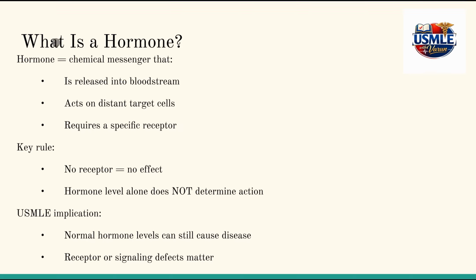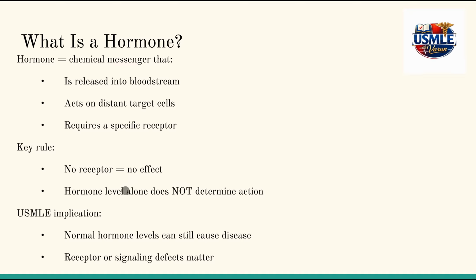So to begin with, what is a hormone? A hormone is a chemical messenger that is released into the bloodstream and acts on distant target cells. A very important concept to remember is that hormones do not act on all the cells in the body, but they act on cells that have a specific receptor for that hormone. So if there is no receptor, there is no effect.